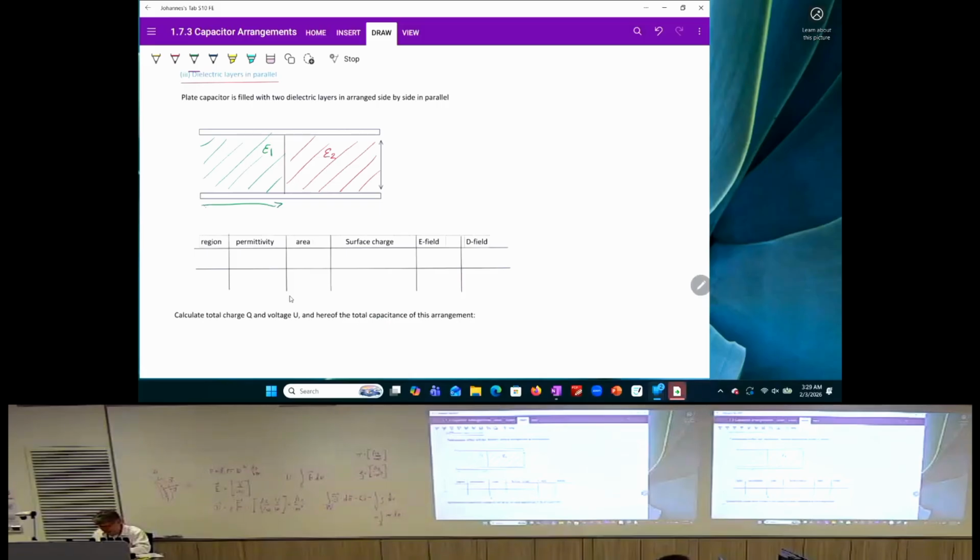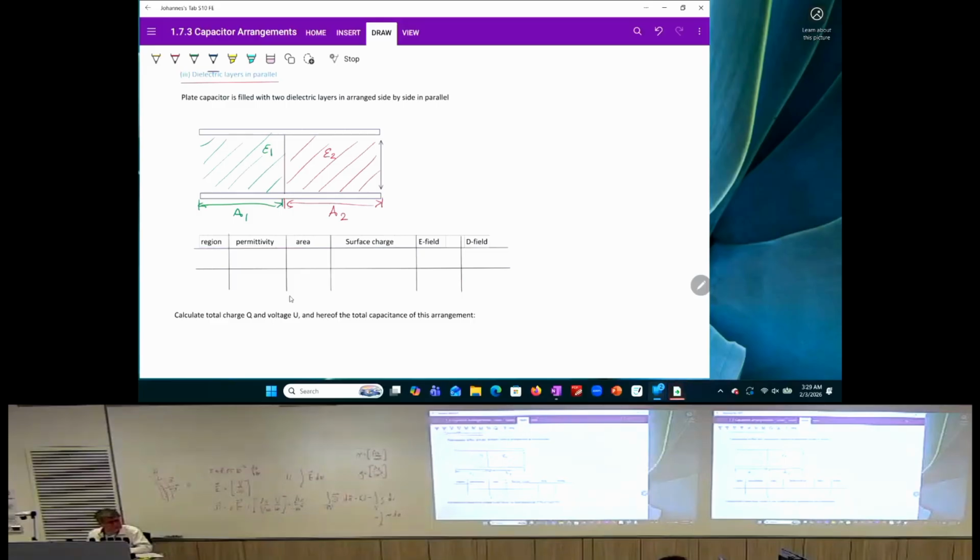this part is here filled with epsilon 1, and the area is given with A1, and the second region is filled with the material with a permittivity epsilon 2, and the area that it takes up is the area A2.